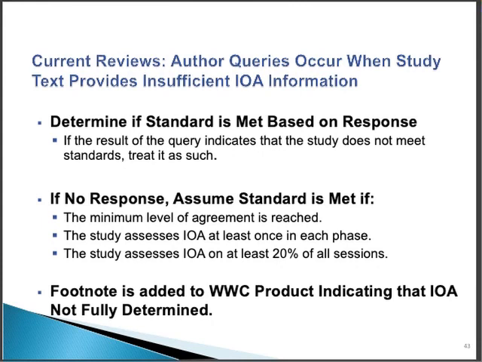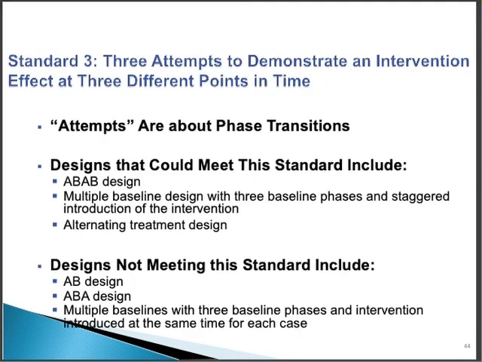What are we looking at here? So here we're looking at, did this study look at 3 demonstrations of effect at 3 different points in time? And we're looking at ABAB designs, multiple baseline designs, and alternating treatment designs.